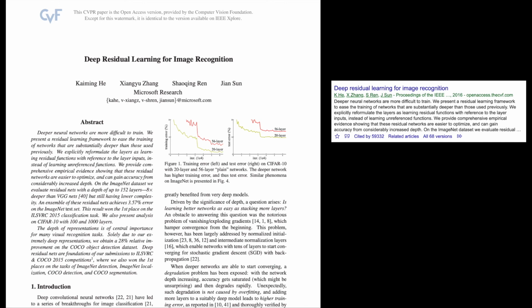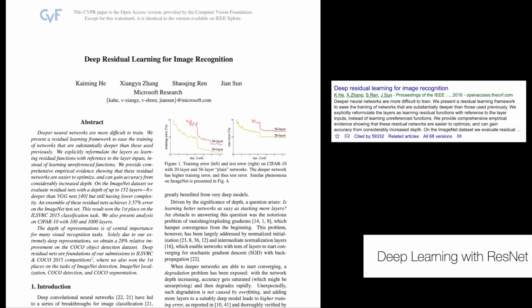This paper talks about a system that won the ILSVRC 2015 classification task, called ResNet. To see just how impactful this idea was, this paper has been cited over 59,000 times, which is a huge number of citations for any paper.